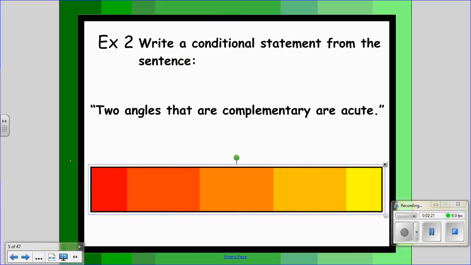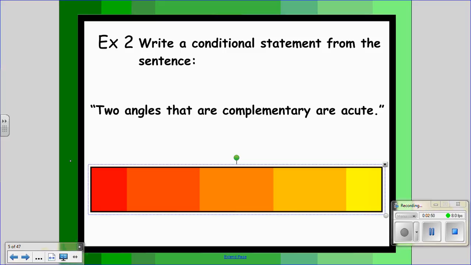Example 2 wants us to write the conditional statement from the sentence, two angles that are complementary are acute. So usually when you're given a sentence and asked to write it, you've got to write it in if-then form. Sometimes you need to add words in order to make the sentence sound more grammatically correct, but try not to alter the meaning too much.